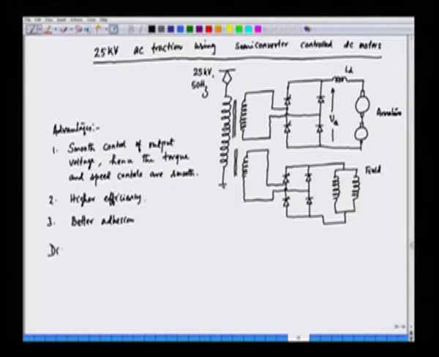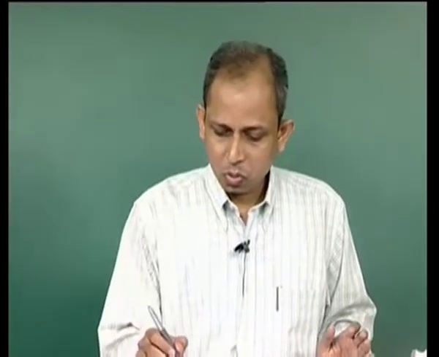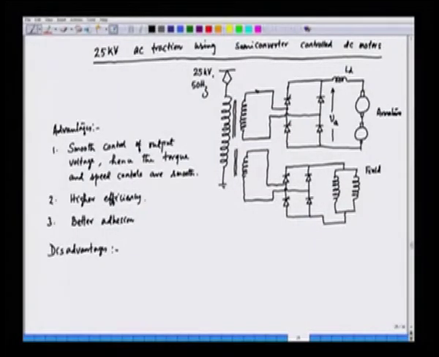Now, we can also list down some disadvantages here. Although this is quite attractive, there are some drawbacks of this kind of topology. The drawbacks are as follows. When we are employing the semi control converter, we have to be careful about the input current. This is IS1 and this is IS2, and this current which is drawn from the supply we can call the input current, that is IS.